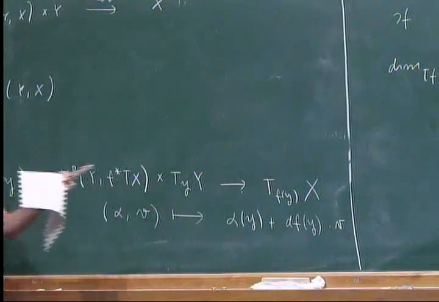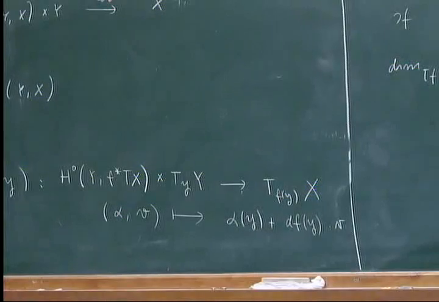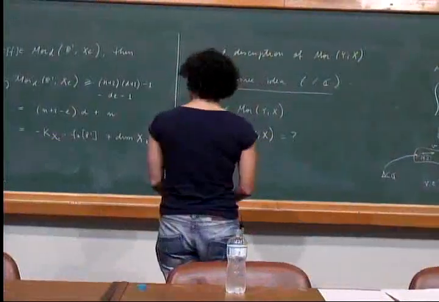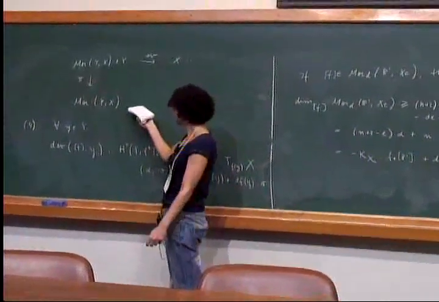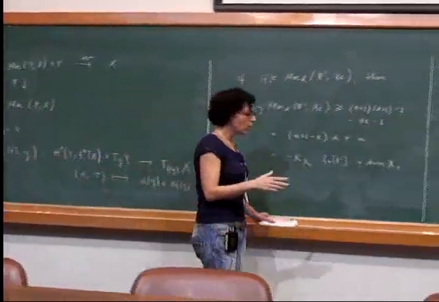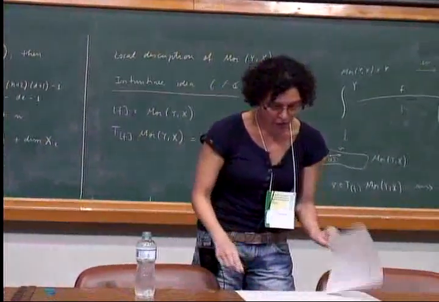So all these properties can be deduced from the universal properties of the space of morphisms when you look at a suitable family of morphisms.